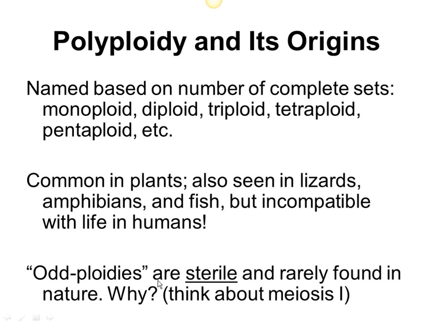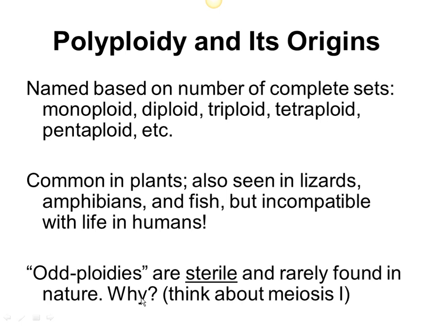Odd ploidies are sterile because if you think about meiosis 1, the first thing that needs to happen is the chromosomes from one set will find their homologs in the other set. And so if you have an odd number of chromosome sets, for example in a triploid, you would have 3 copies of chromosome 1, 3 copies of chromosome 2, 3 copies of chromosome 3, and so on.